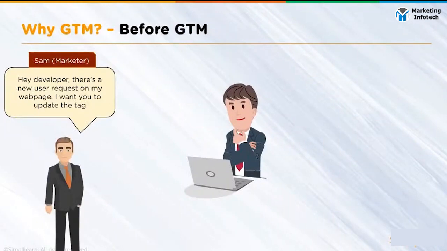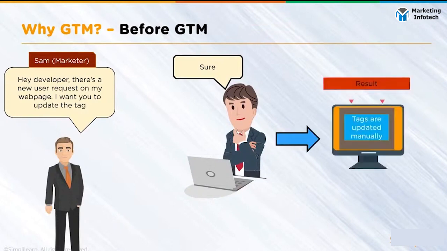But before we get into GTM, let's just say you're communicating with your developer and there's a new user request on your webpage and you want to update the tag. Well, your developer, considering it's probably a small update to your website, is probably not going to hesitate and is going to go ahead and turn around and do it.